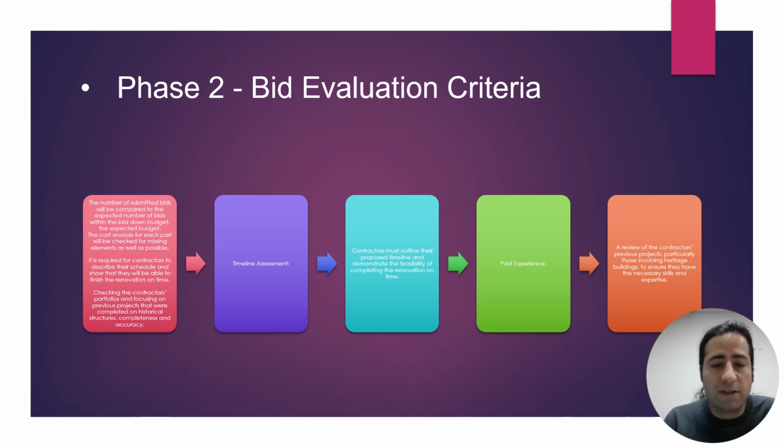Timeline assessment: the contractor must outline their proposed timeline and demonstrate the feasibility of completing their renovation on time. Past experience: review of the contractor's previous projects, particularly those involving heritage buildings, to ensure they have the necessary skill and expertise.